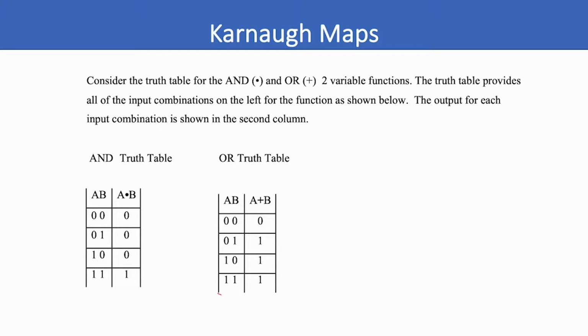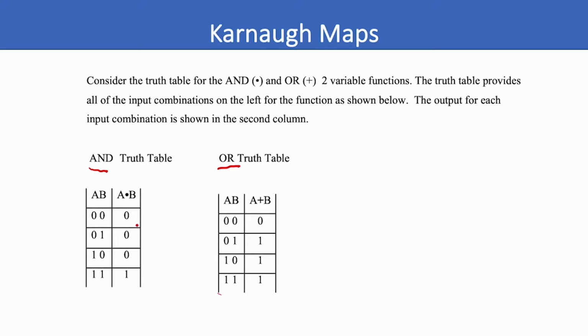Now let's talk about a couple of truth tables for the AND function and the OR function. These two truth tables below represent the AND function and the OR function. The AND function is the Boolean multiply.